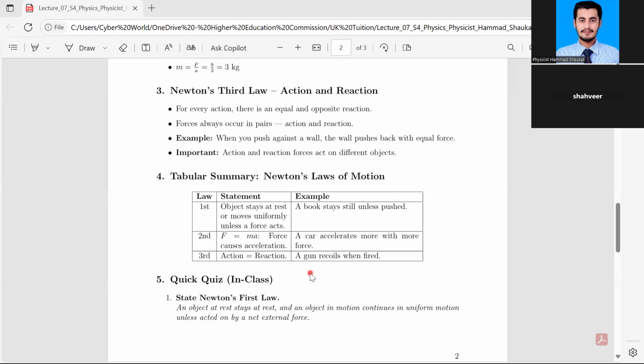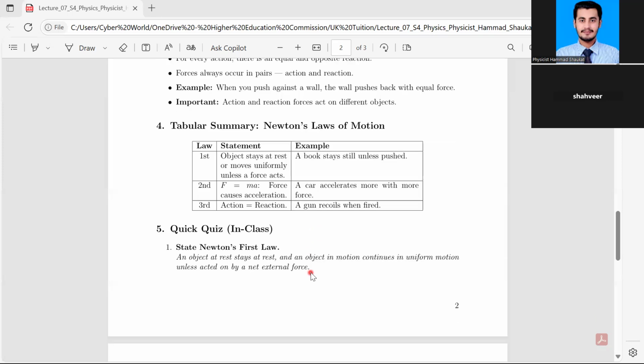According to Newton's third law of motion, the bullet will move in the forward direction and the gun will move in the opposite, backward direction. So this is also one of the examples of Newton's third law of motion. Is it clear? Yeah. Okay.